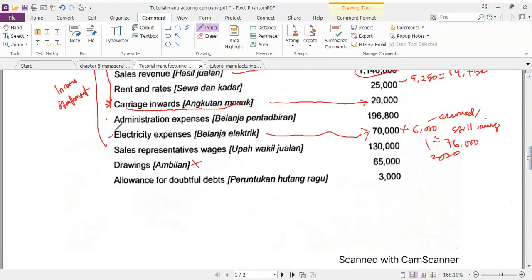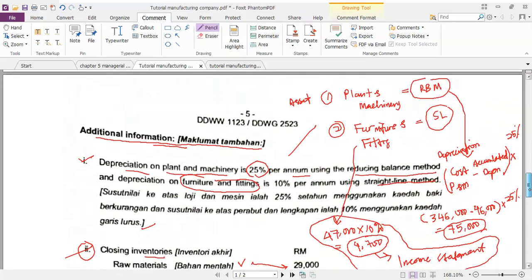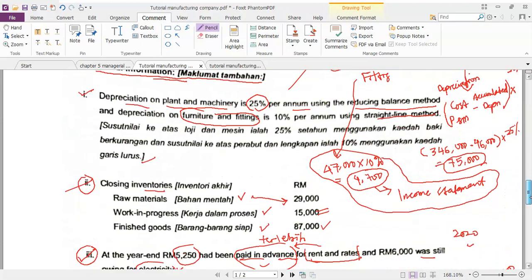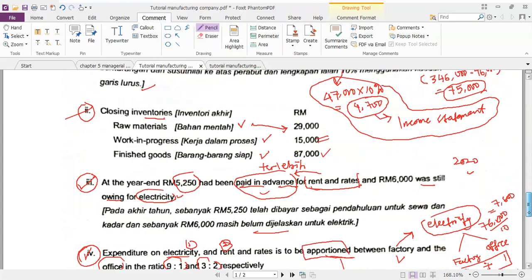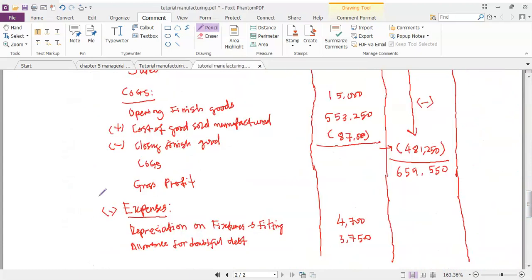Okay, of course the electricity that we just calculate and then distribute between the factory and also office, if you remember. So electricity 7,600, we should add on here. Electricity expenses is just 7,600. Okay.